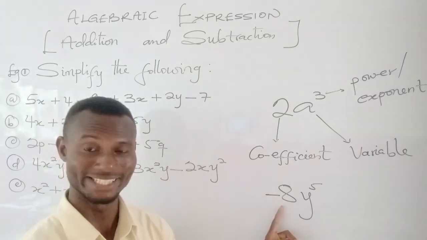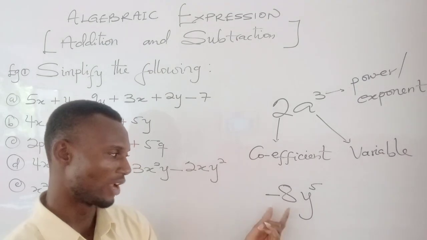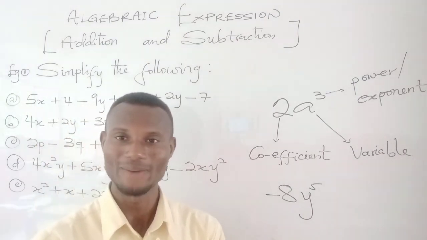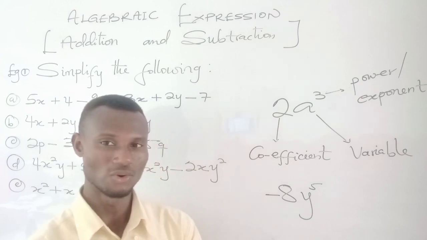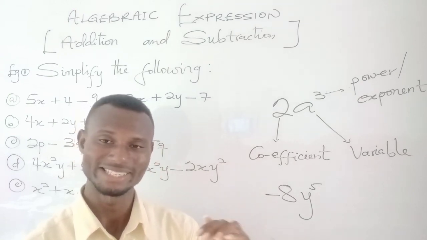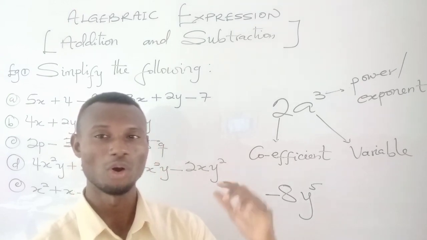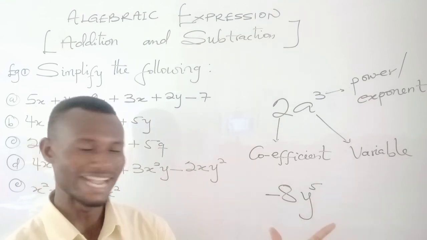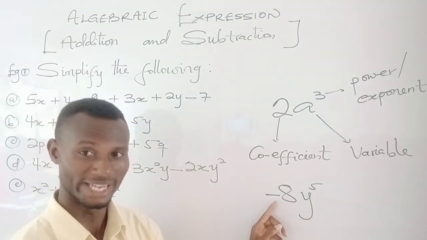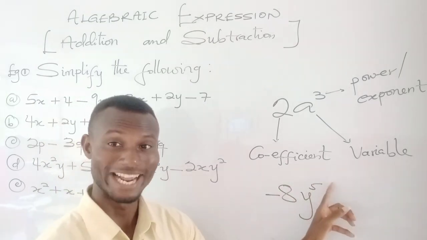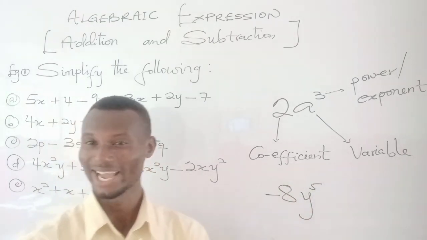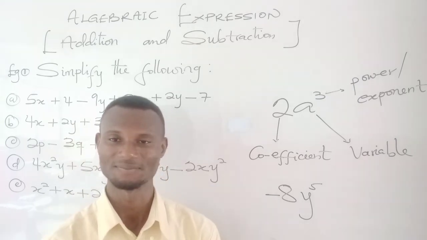It is minus 8 and not 8. So the coefficient here is minus 8. And if I ask for the power or the exponent, you know that it is the number on top of the variable. So the power is 5. Again, the coefficient is minus 8. The power or the exponent is 5. I hope the explanation is clear enough up to this point.